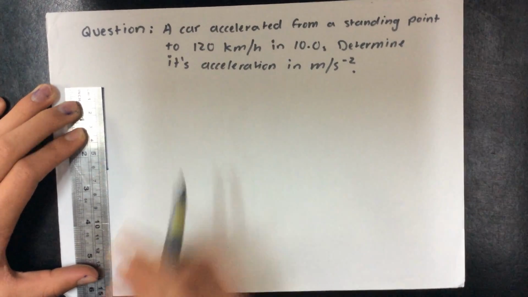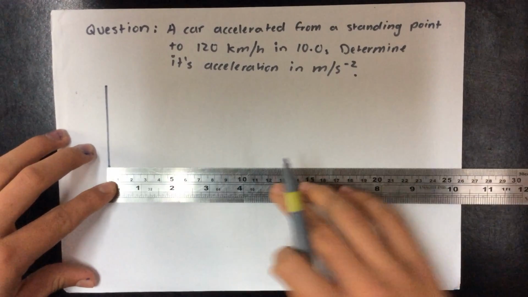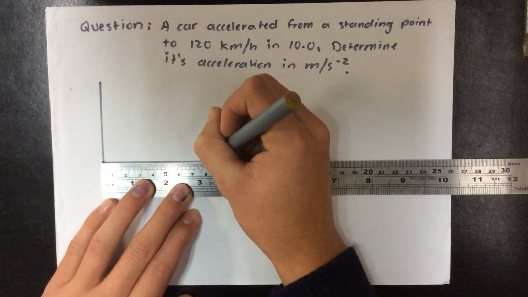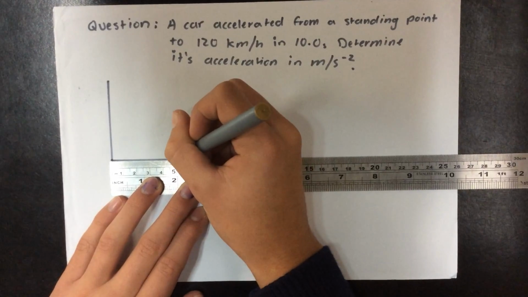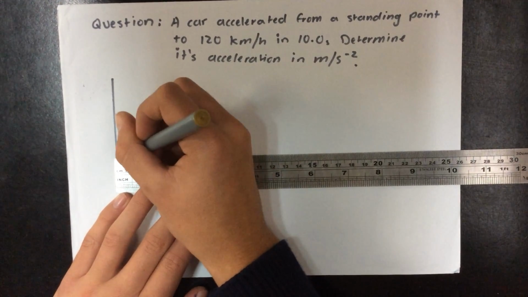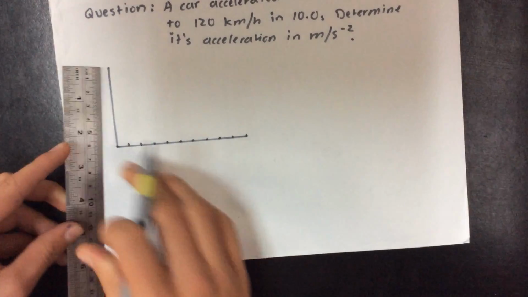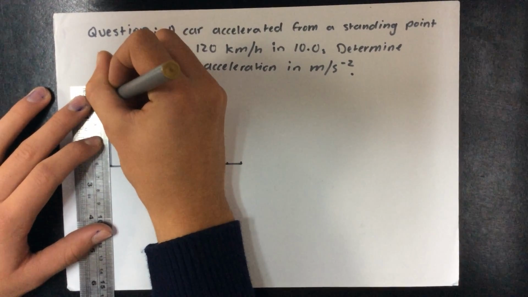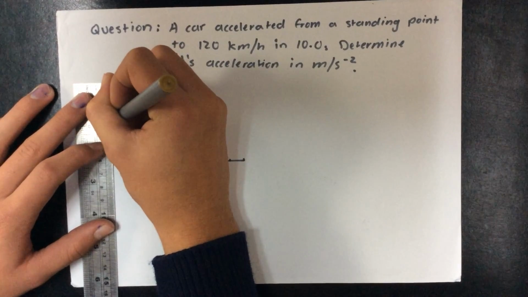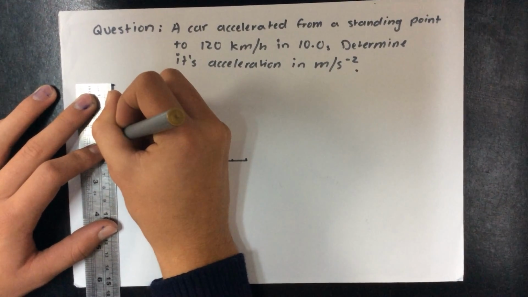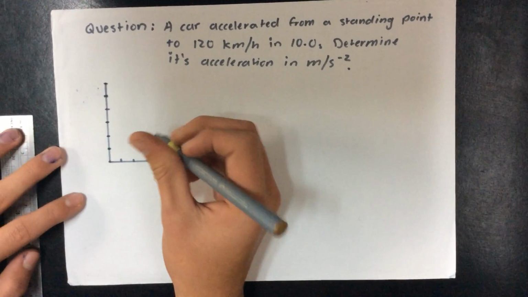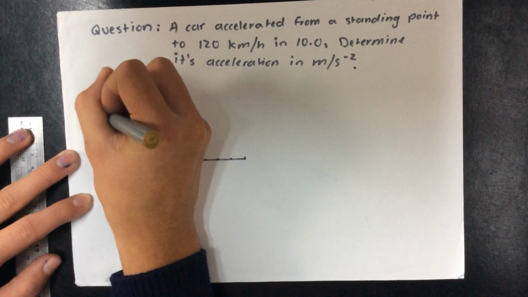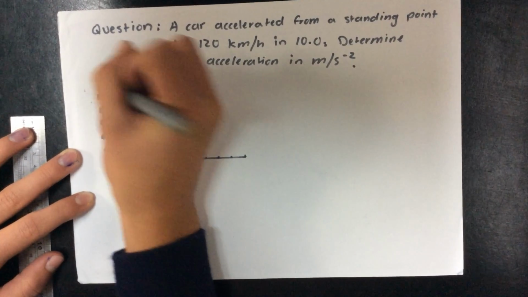So 6 centimeters by 10 centimeters. 7, 6, 5, 4, 3, 1, and then okay, so this will obviously be 0, 20, 40 kilometers, 60, 80, 100, and 120.